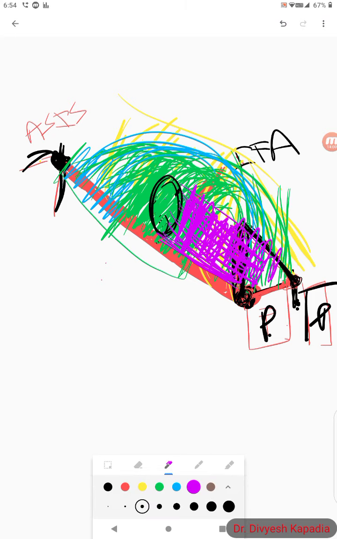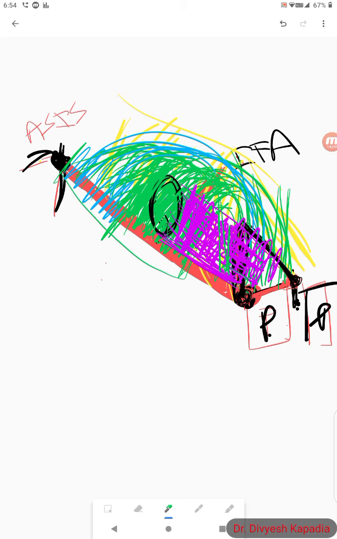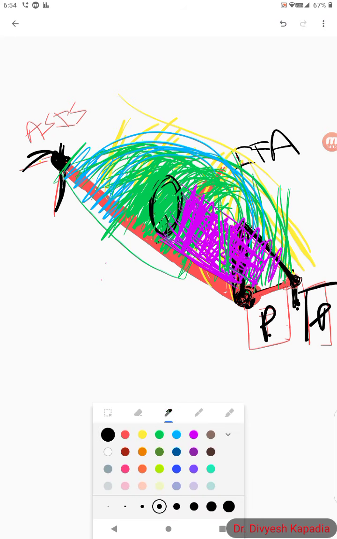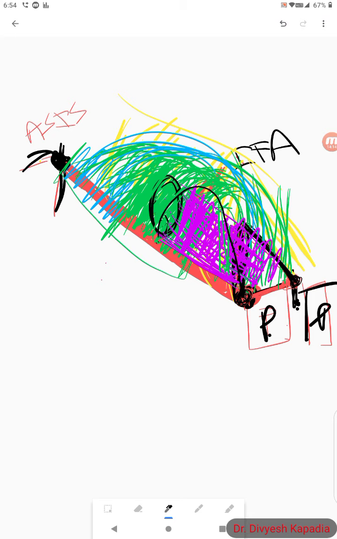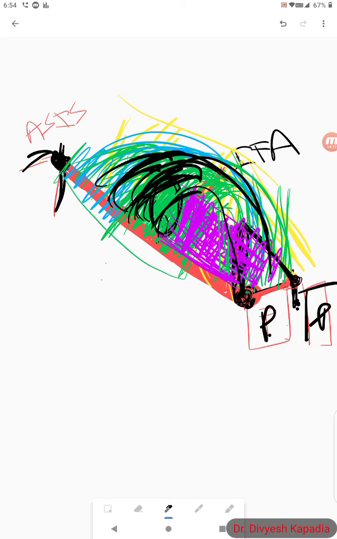Now the posterior wall is supplemented by the conjoint tendon, as I have described here. Let me just draw it here. Okay, let's use black color for this. So these inguinal fibers of internal oblique and transverse abdominis arch backwards forming the roof, then they become tendinous, known as the conjoint tendon, and by this conjoint tendon they are inserted to the pubic crest and medial part of the pecten pubis.